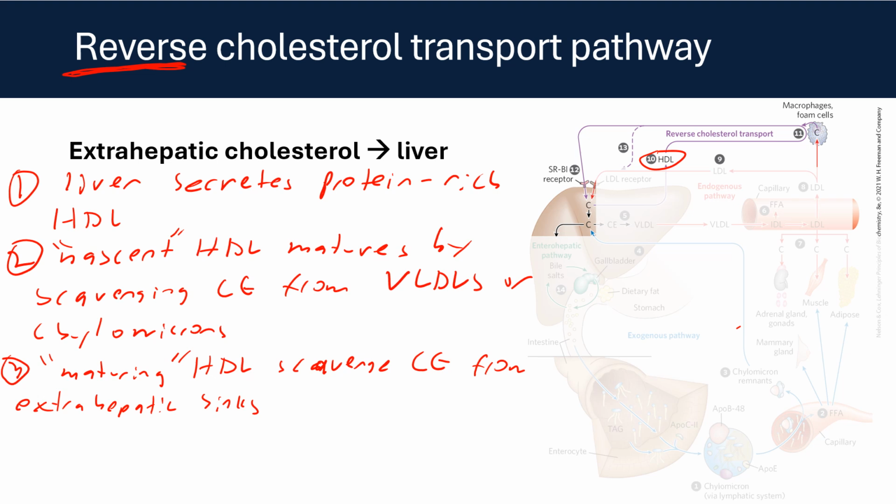This can be macrophages, this can be adipocytes, a bunch of things. Once we have filled up our HDLs with cholesterol esters, we consider them to be mature HDLs.